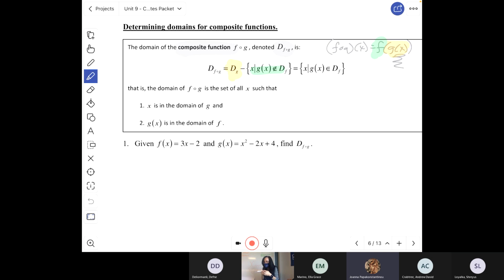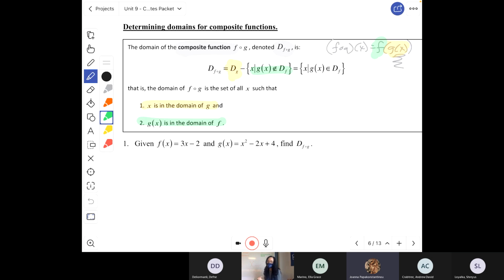Anything that can't go into g will never go into f. So we first look at the domain restrictions on g, and then look at the domain restrictions on f. That means x has to be in the domain of g, and g of x, the output, has to be in the domain of f.